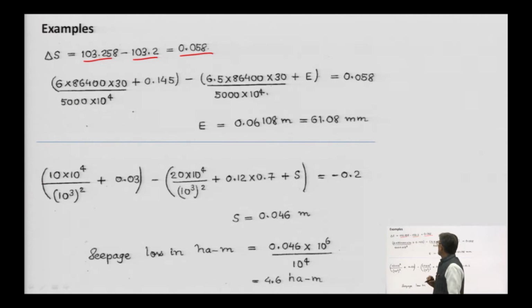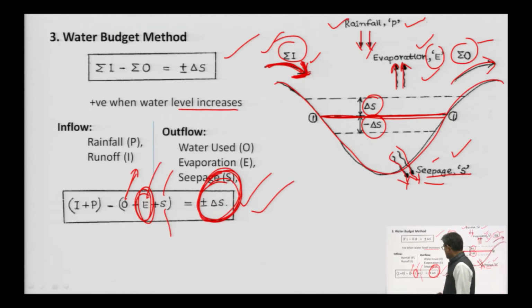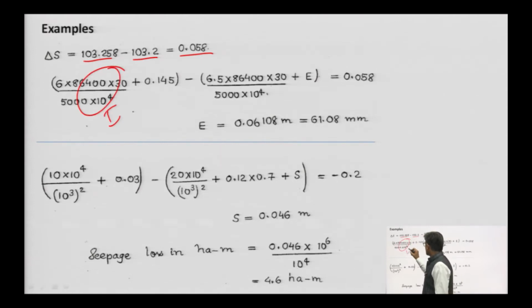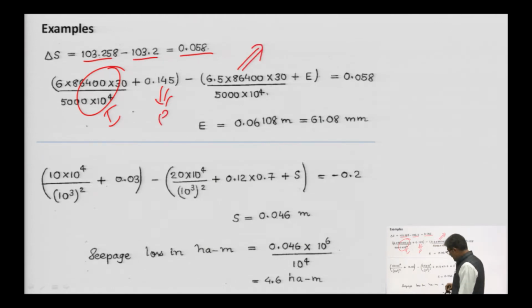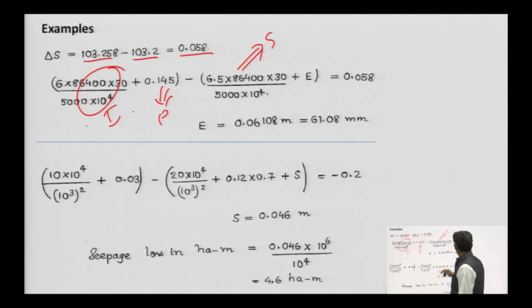It is the change in the water level, and using that equation, in this example, this is the input I, this is the precipitation, this one is the seepage S, as in this question, and this is E.